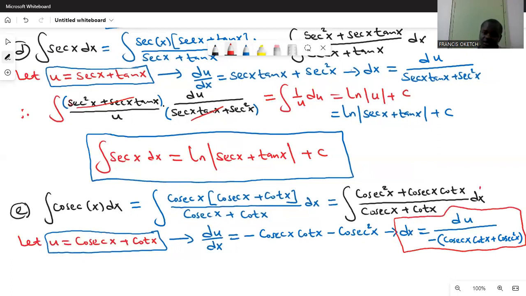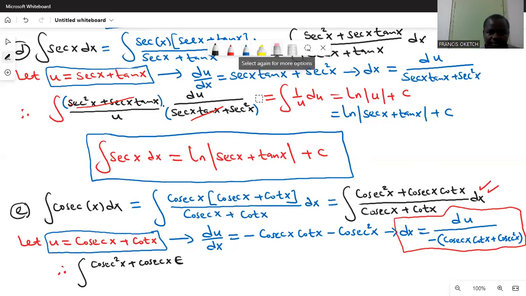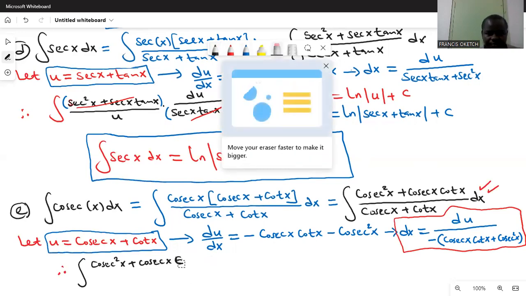Now we substitute in this integral. What will you get? Therefore, we now talk of the integral of cosec squared x plus cosec x cot x. This should be cot. Let me rewrite it. Cot x.